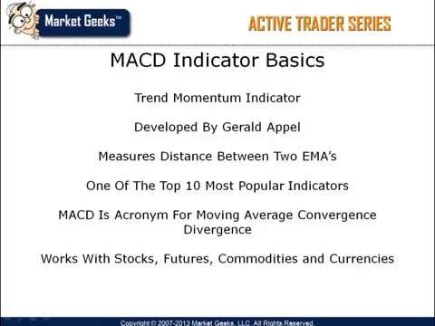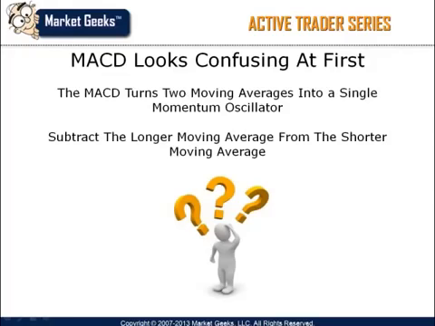Needless to say, over 30 years later, the MACD remains one of the most popular indicators in technical analysis. Oftentimes, beginners have difficulty understanding and utilizing the MACD because it looks rather complicated and intimidating at first. Once you take the MACD apart, you will realize that it's a fairly basic indicator that's easy to understand once you familiarize yourself with it.